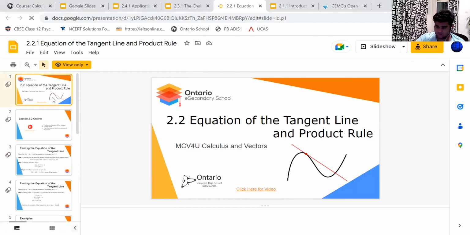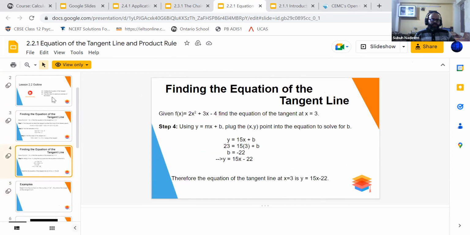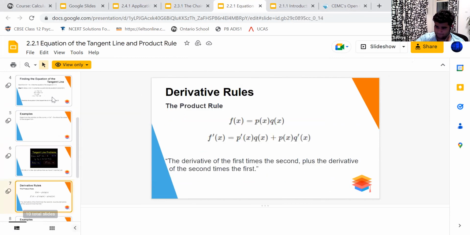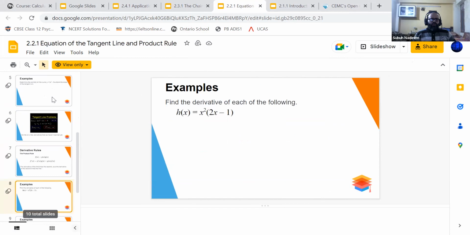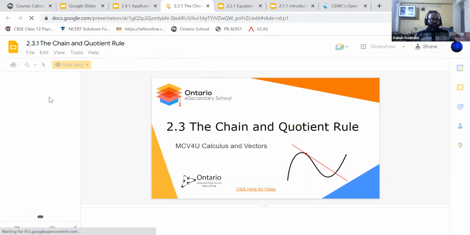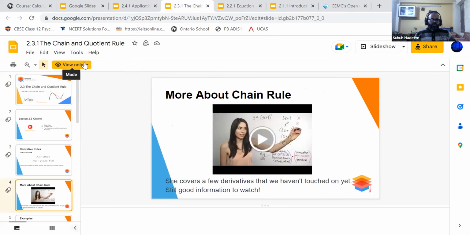This one that we used to find the equation of the tangent line, find the M, then find the B. Product rule. Example of product rule. And then chain rule, quotient rule first, and chain rule. Okay, chain rule was first.